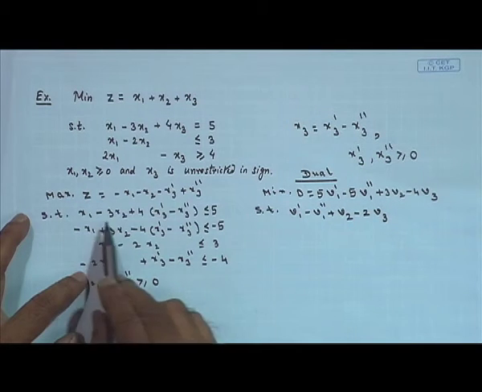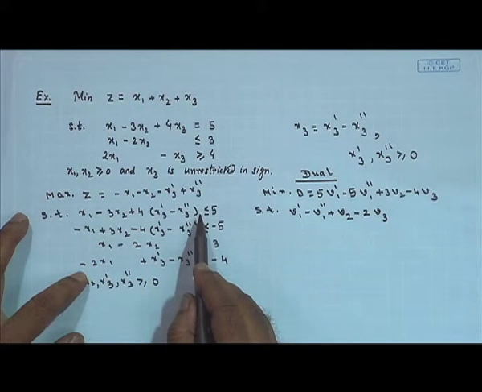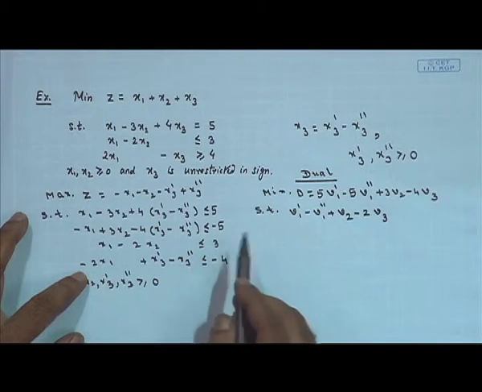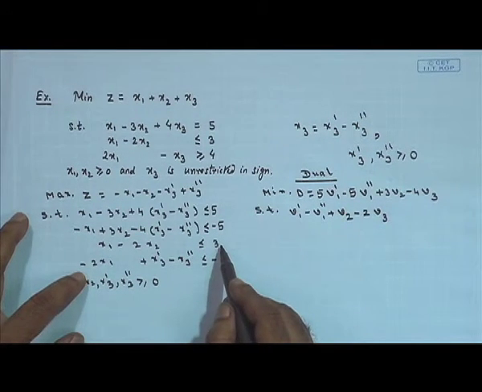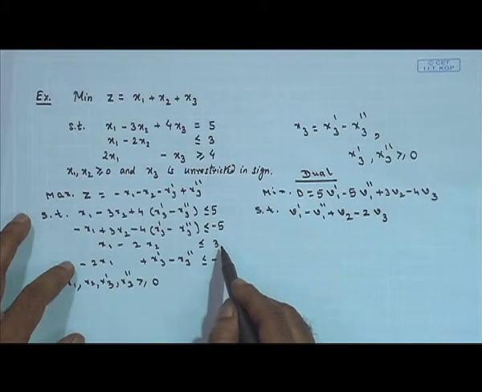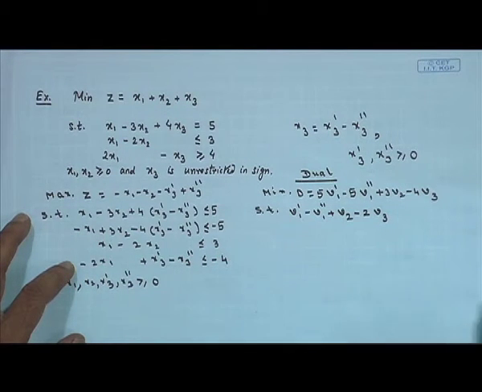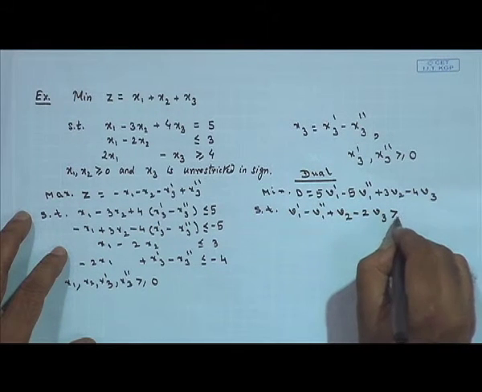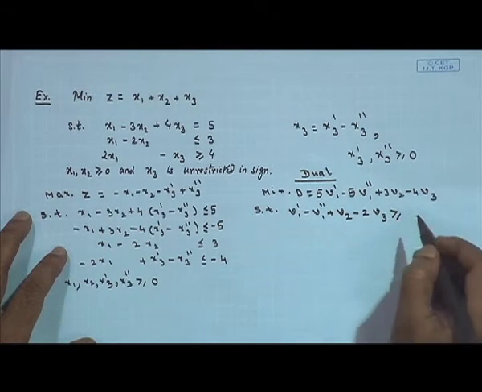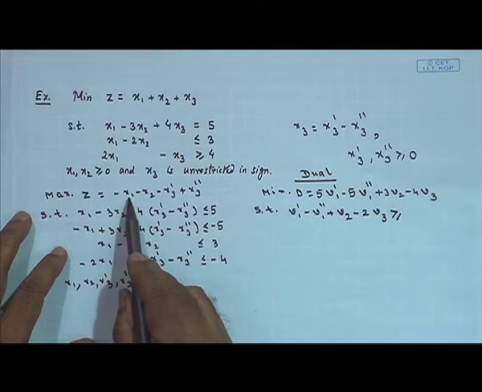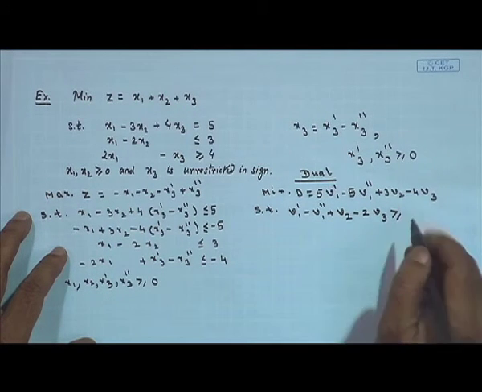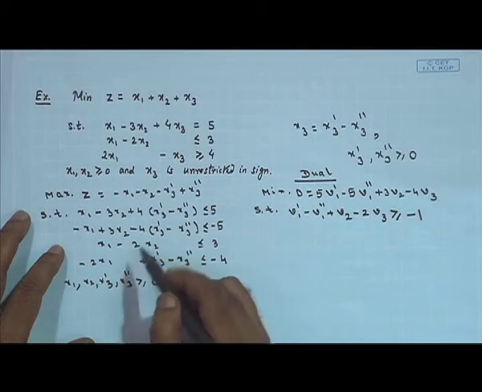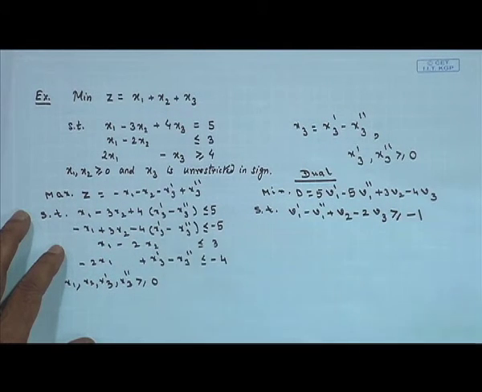Basically, the first constraint corresponds to variable v1', the second constraint to v1'', similarly the third to v2 and the fourth to v3. So this is greater than or equal to minus 1, because the x1 coefficient in the objective function is minus 1. Similarly, we have to do it for x2, x3 and others.